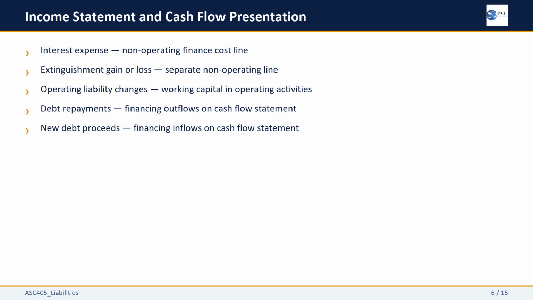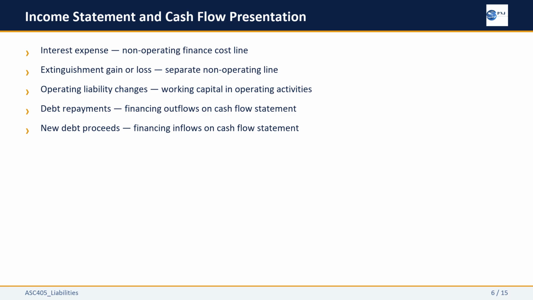Liabilities affect three financial statements, not just one. On the income statement, interest expense is a non-operating cost. It sits below operating income. Any gain or loss from extinguishing debt gets its own line in non-operating income and expense. On the cash flow statement, the logic splits based on type.